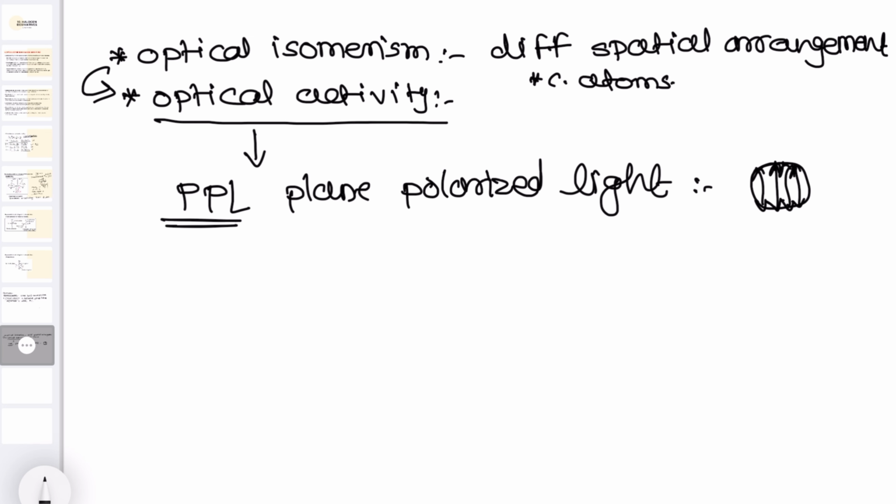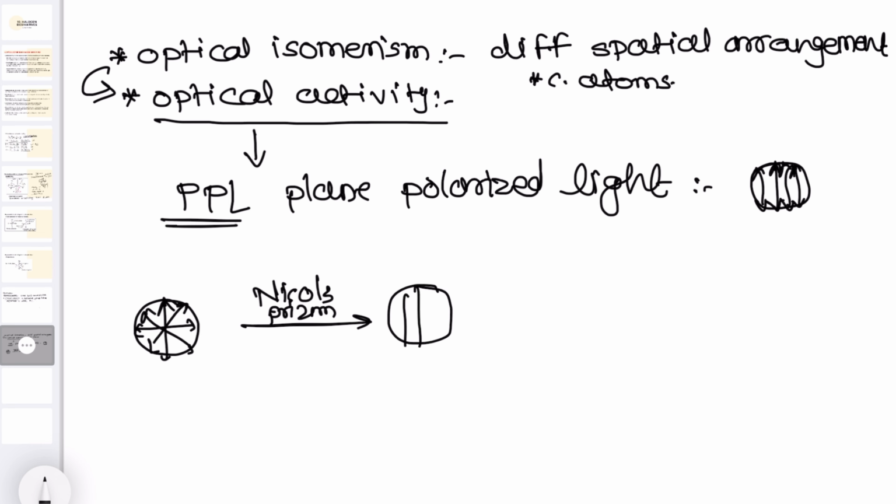This light is made from ordinary light. If we take the cross section of ordinary light, it looks like this, because light is scattered in all directions. If we place a Nicol prism, then this ordinary light gets converted into plane polarized light.